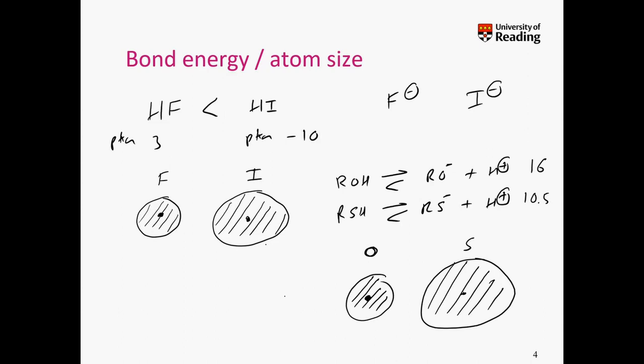So we can see that the sulfur derivative is actually a stronger acid than the oxygen derivative, and that's because in that anion here, this RS minus, the negative charge is distributed within a much larger orbital space.